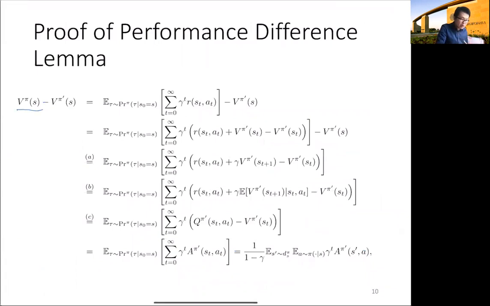Notice that we're using a slightly different indexing scheme, summing from t equals 0 to positive infinity, which changes this to gamma to the power of t rather than the typical gamma to the power of t minus 1 that we used before. And the initial state will be S0 and A0 rather than S1 and A1. It's just a slight change of the notation that's being adopted by the AJKS book.